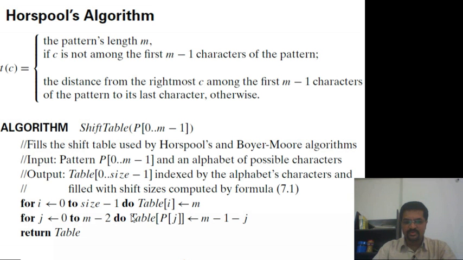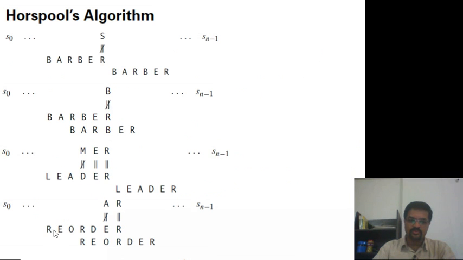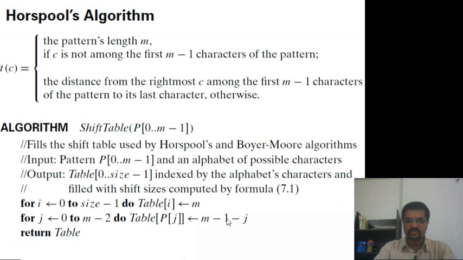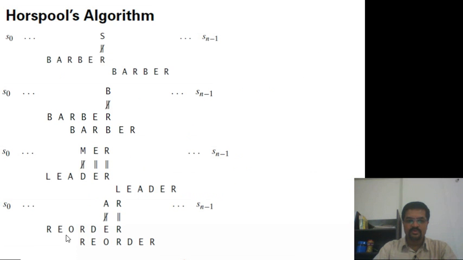Right. If a character is present multiple times, what do we do? Suppose, how do we create a shift table for this particular string? It is of length m. For the whole alphabet, initialize it as 7 to start with, and then start processing from here. The shift value for R would be 7 minus 1 minus 0, which is 6.